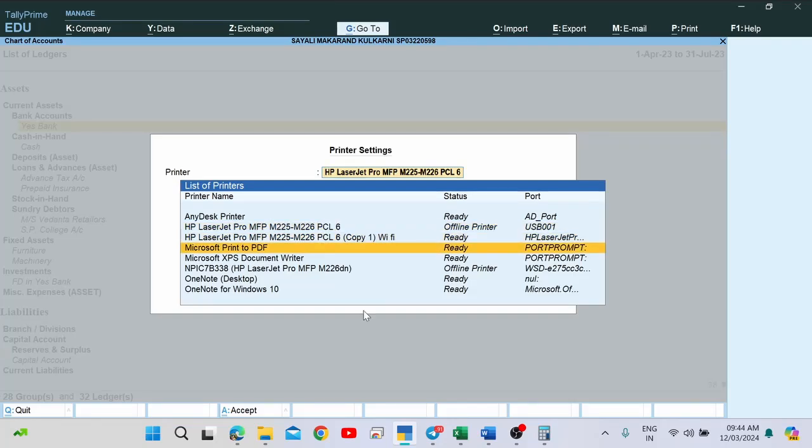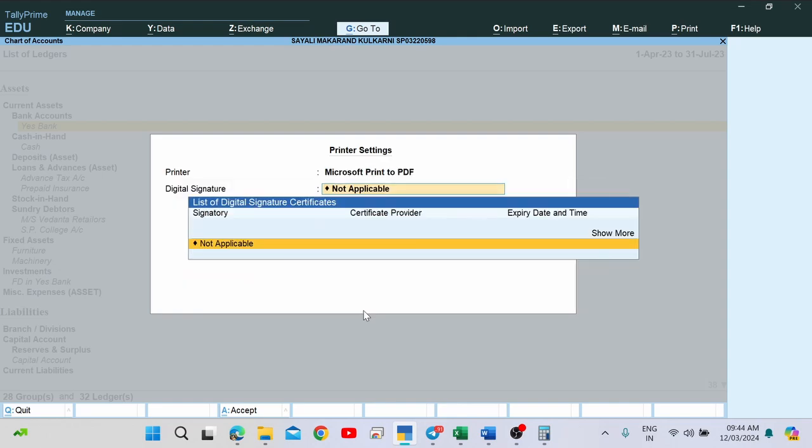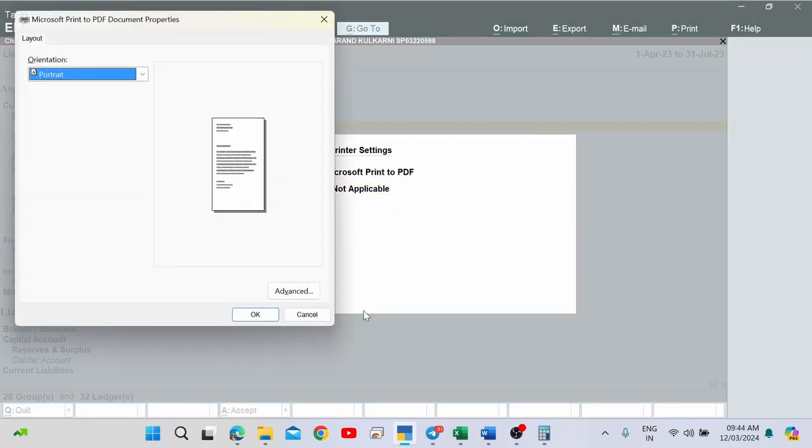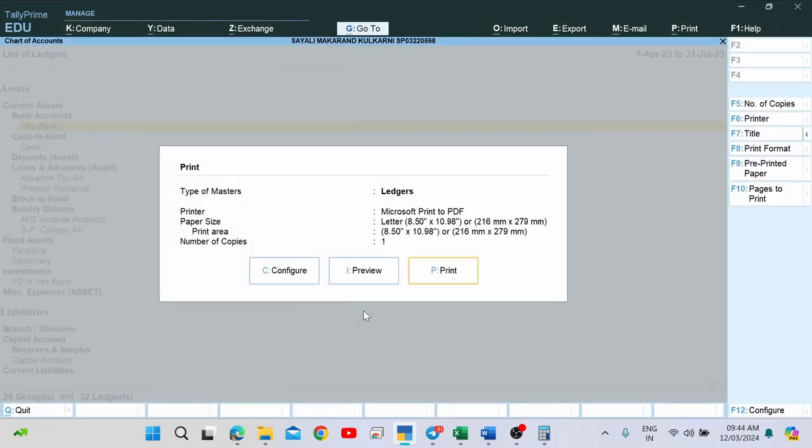Therefore select this PDF. If you don't have a PDF printer, then first install the PDF printer. You will get the PDF printer setup from the website. Just download this setup. Select that printer and then say OK.